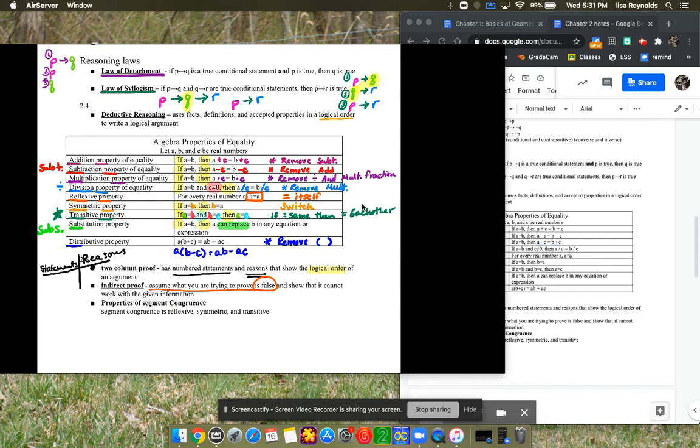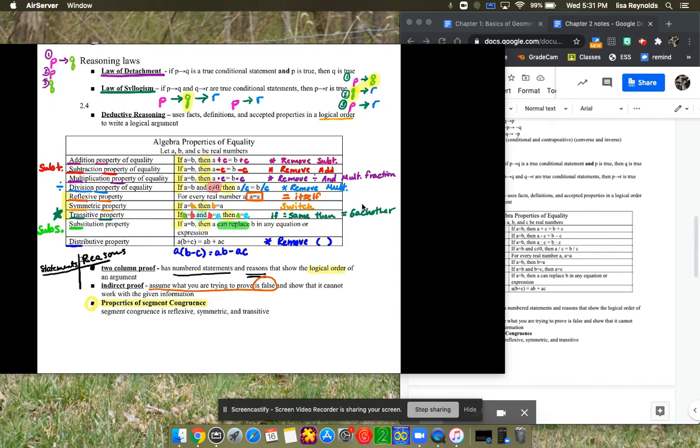We get one theorem. It's the properties of segment congruence. So a couple of our properties from algebra will also work for congruence. It just so happens that the reflexive, symmetric, and transitive properties will work for congruence.